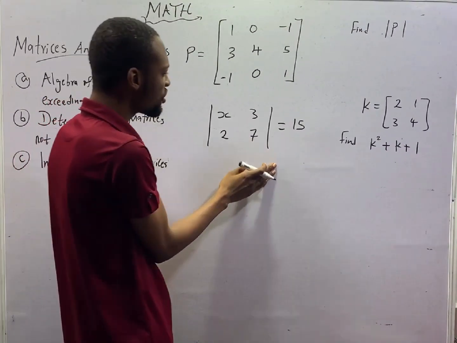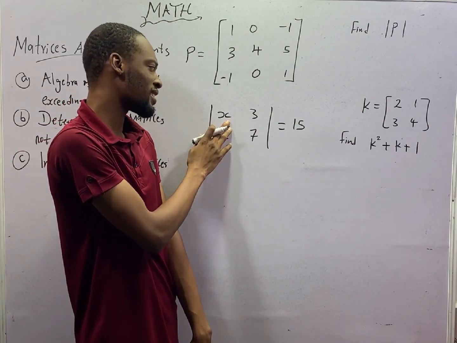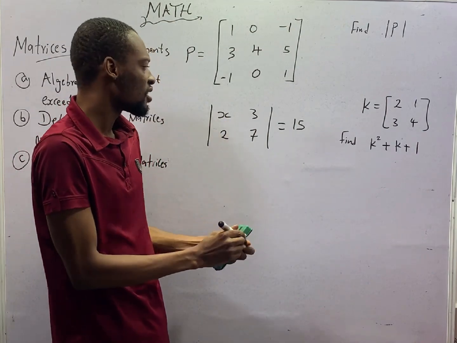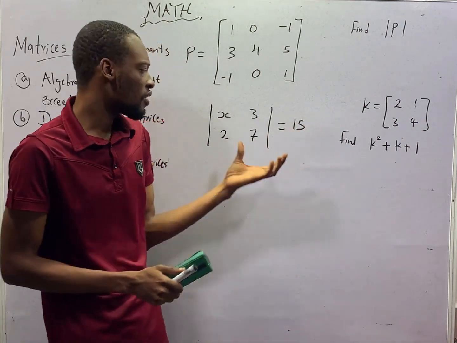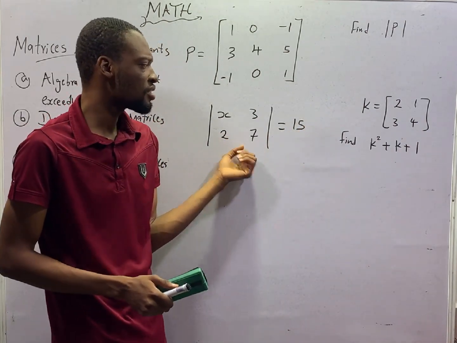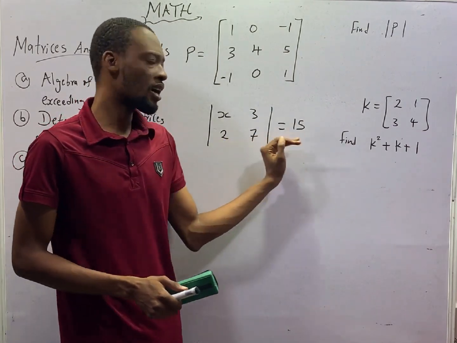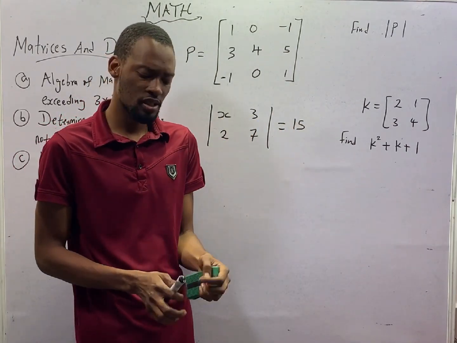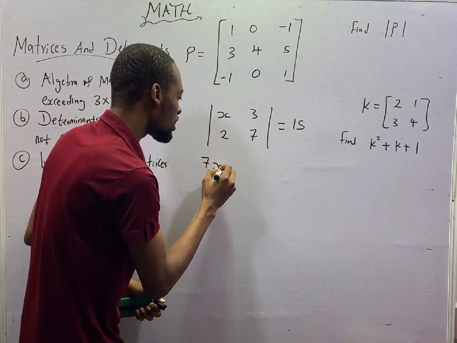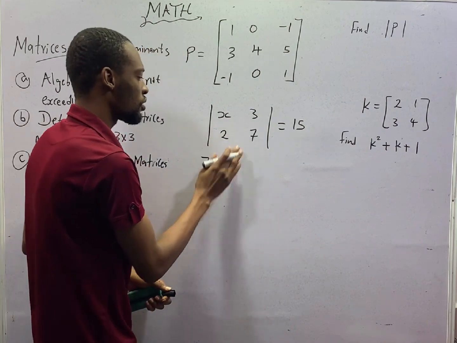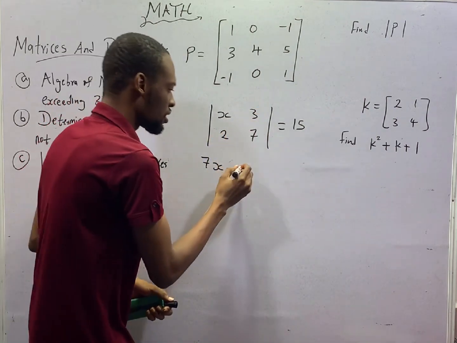Now, if you are given a matrix like this and asked to look for the value of S, since everything here equals 15, it means the determinant of this matrix equals 15. Find the determinant of this and equate it to 15. This will give you 7 times S is 7S plus minus 2 times 3, 6.